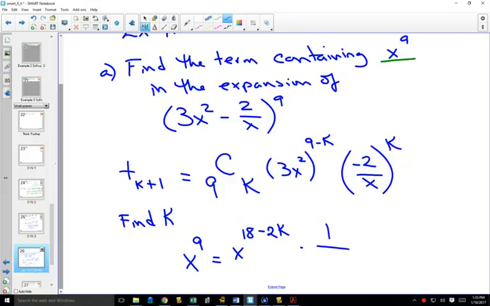How many x's are going to be on the bottom? X to the k. Which could be x to the negative k. How do you work with your exponent laws? What does this mean when I have x to the 18 minus 2k times by a 1 over x to the k?